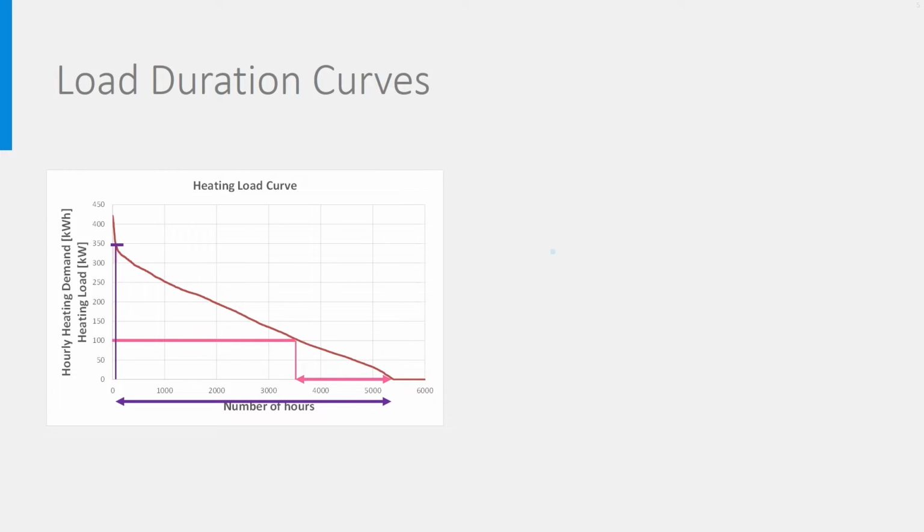It is a bit difficult to see it on the curve, but if you would sum up all these loads that are below 350 kilowatt, you would see that we can cover 97% of the total heating energy demand. That's the red surface. The only thing it does not cover is that little bit above.